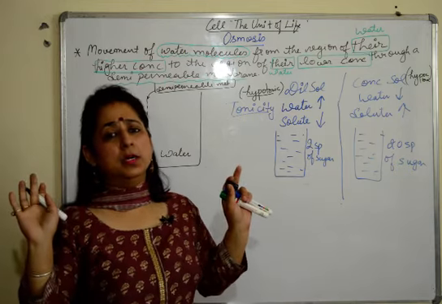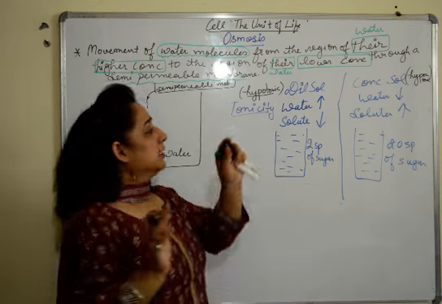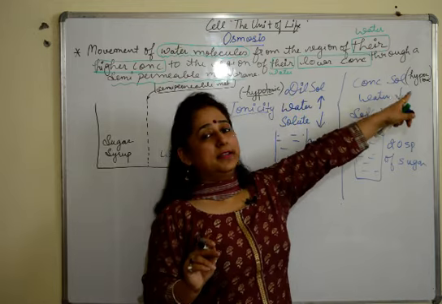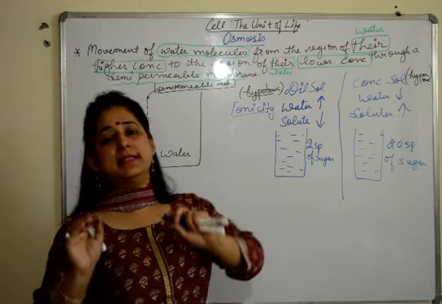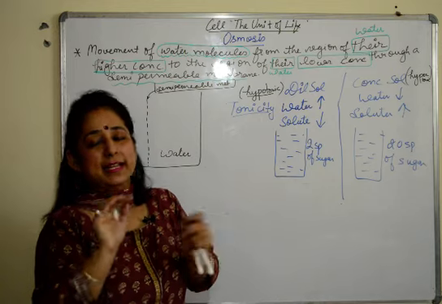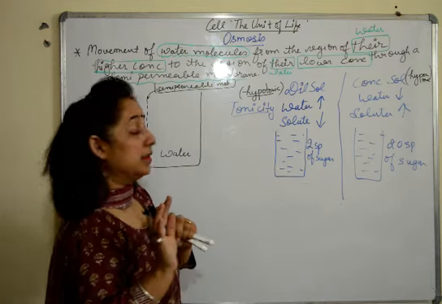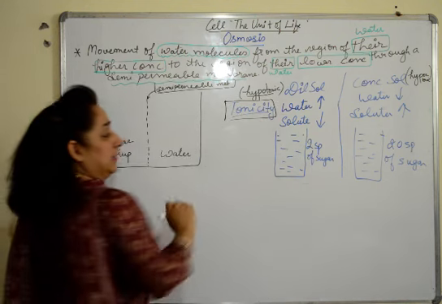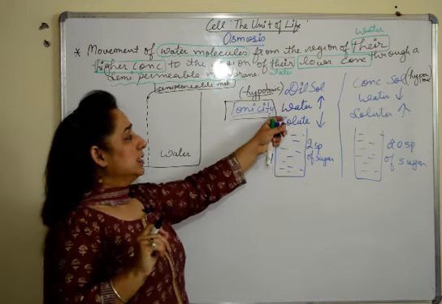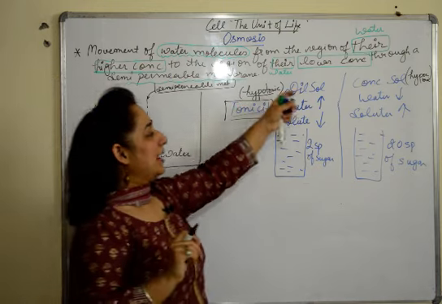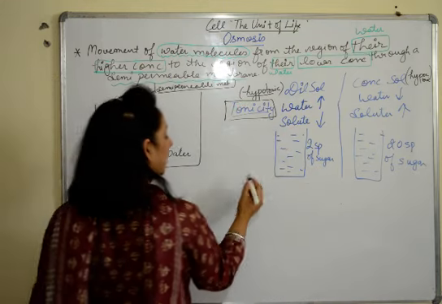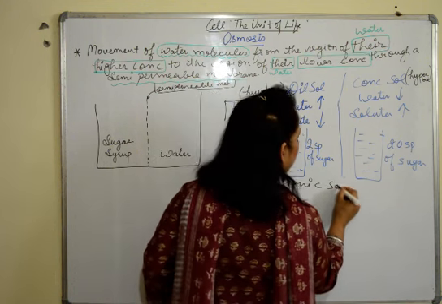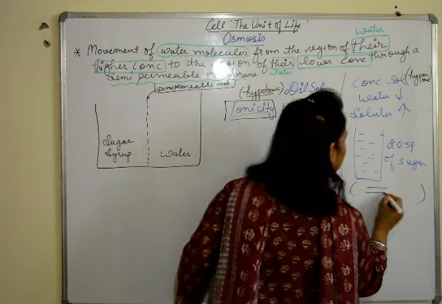The simplest method to learn is: dilute solution is known as hypo and concentrated is known as hyper. You will never make an error in this question. So on the basis of tonicity, that means amount of solute molecules, we have 2 types of solutions, hypo and hyper, plus we have one more type of solution, that is isotonic solution, wherein it is at equilibrium.